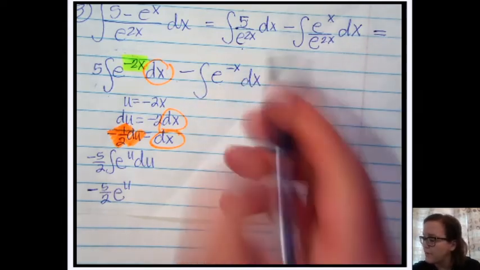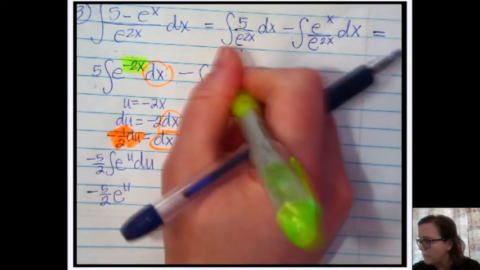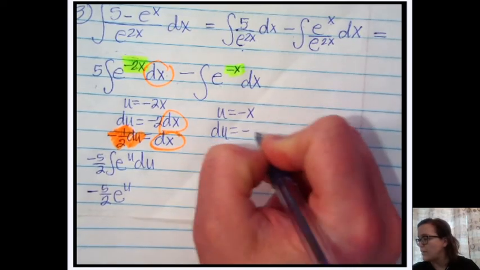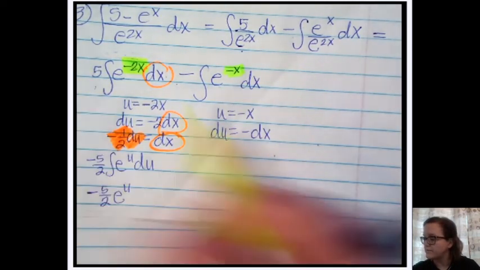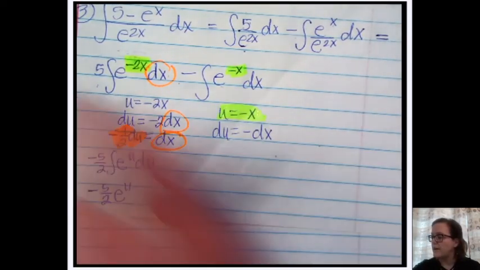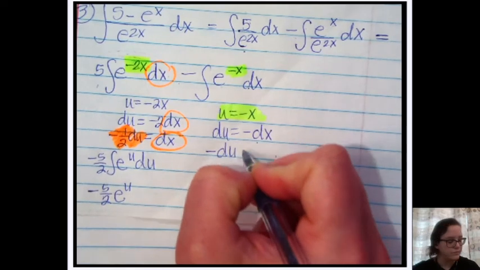Now same thing up here, except we want to let u equal negative x this time. And so that means our derivative is negative 1 dx. And we want dx to be by itself, so we get a negative du.